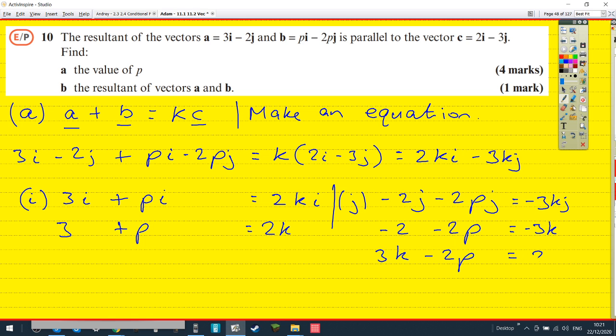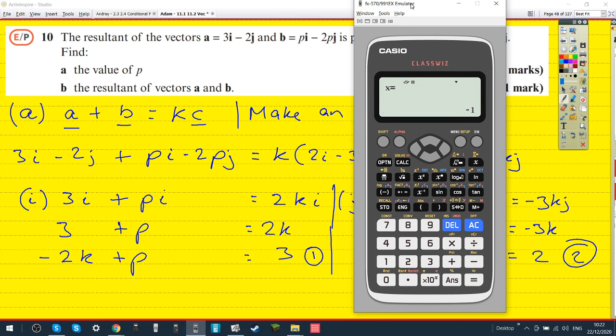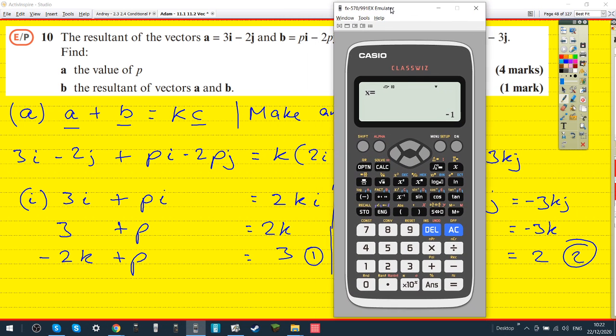Looks good. The other one would be minus 2K plus P equals minus 3. Then put that into the calculator. For i, would it just be minus 2, not minus 2K, when putting it into the calculator? Yeah, it's like minus 2x.